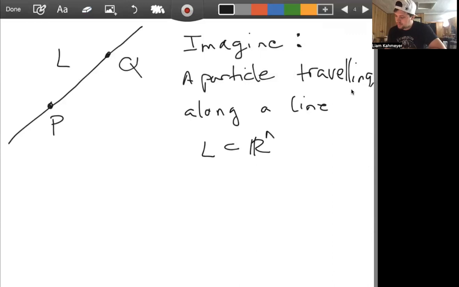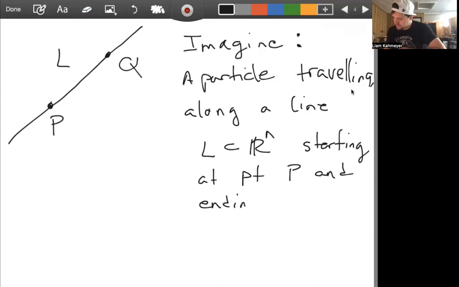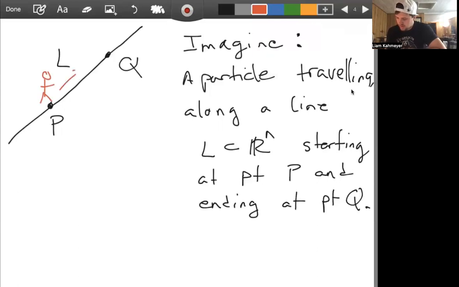We'll call this line L, traveling along L, starting at point P and ending at point Q, right? So we have some particle, or maybe a person, and you're traveling from P to Q.